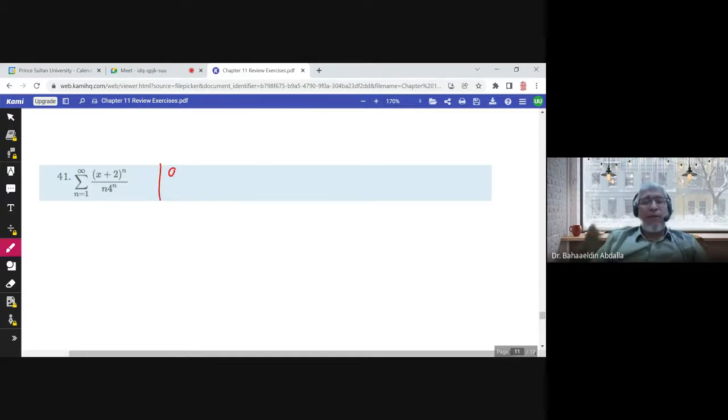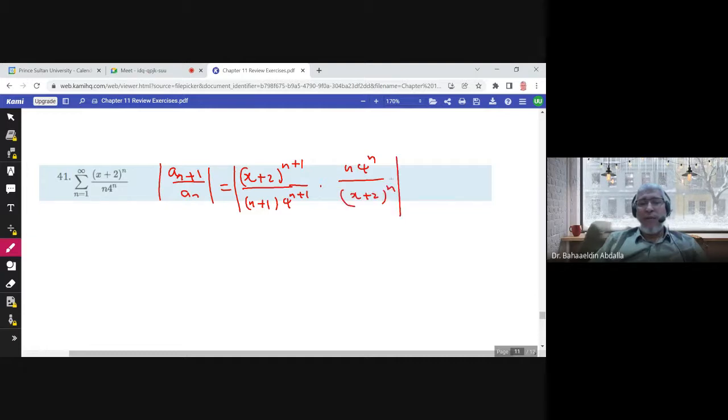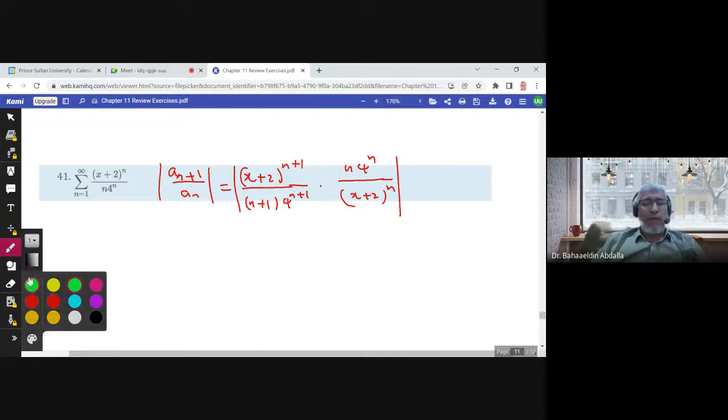Similarly, x plus 2 to the power n plus 1 divided by a to the power n, cancel, cancel.